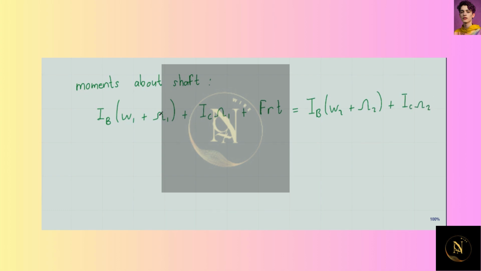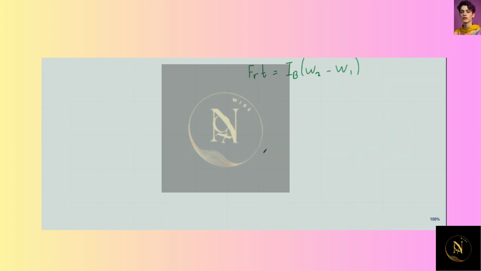So we know capital omega 1 and capital omega 2 are 0. So what we are left with is that FRT is equal to IB into omega 2 minus omega 1. And these values are all known.